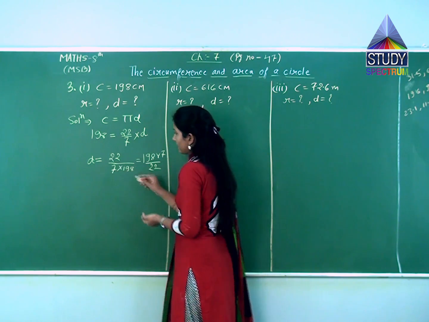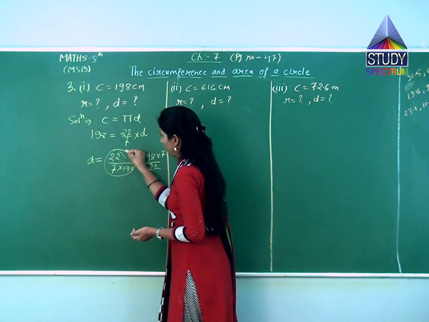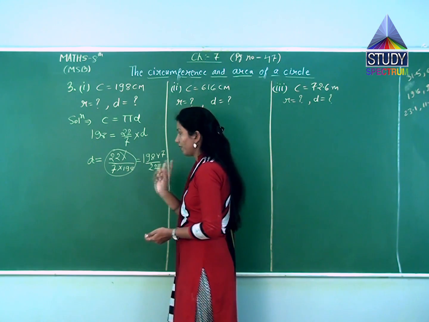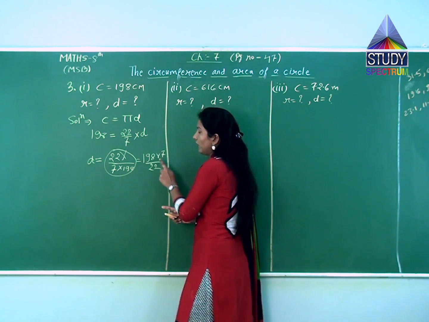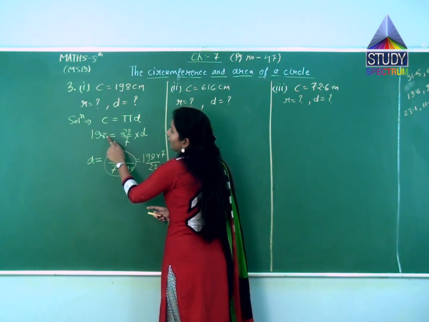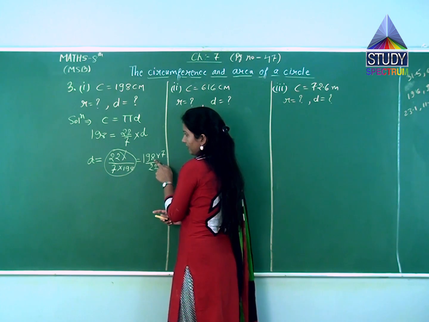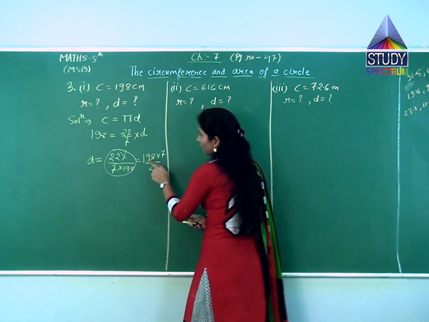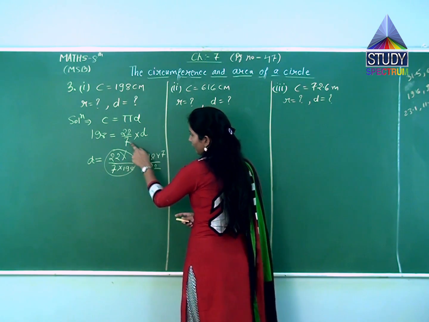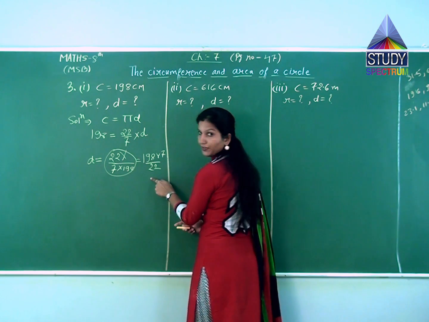If you write it the other way, it will be wrong. You have to write the number after the equal sign first on this side. So here d will be equal to 198 into 7 upon 22.